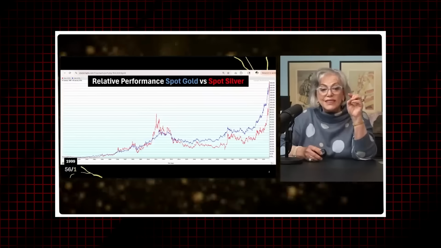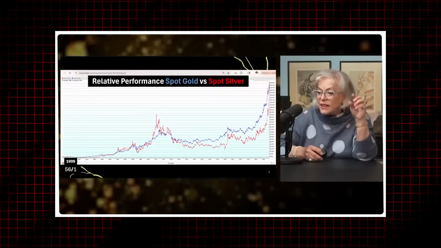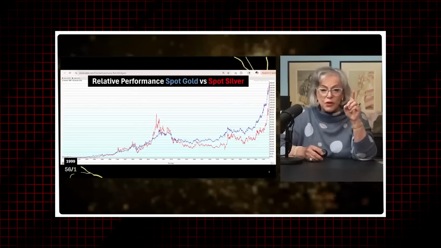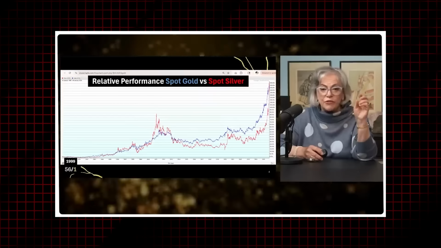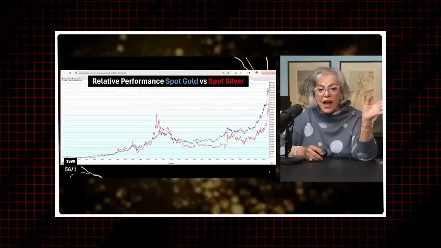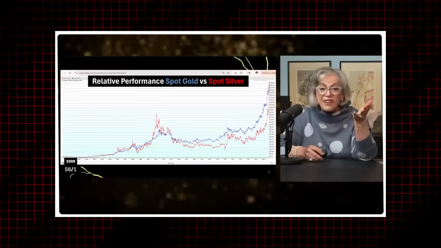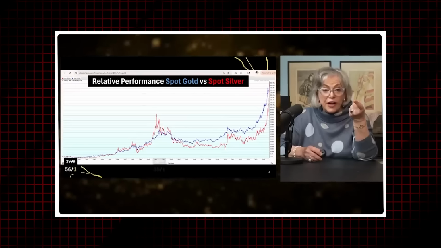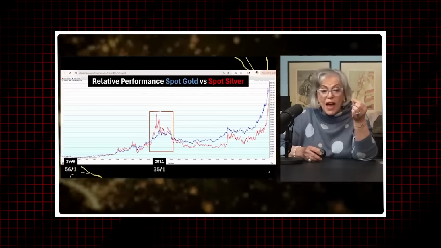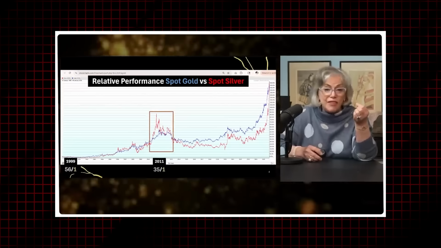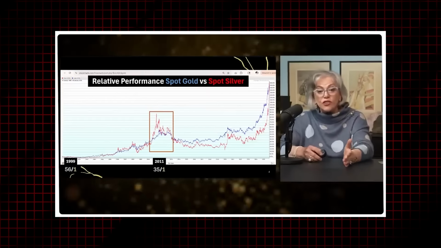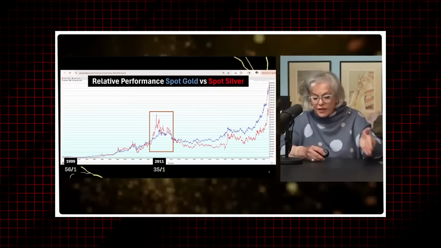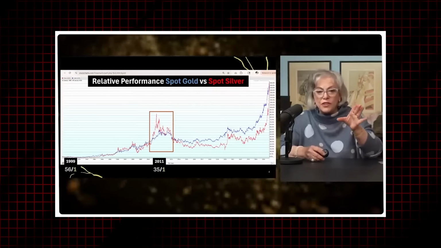And so you can see back in, what was that date, 99, when we had actually the first derivative explosion, but we'll just stay here for today. And you can see how both spot gold and silver kind of followed the same trajectory. And then we saw a greater move above it back in 2011, right? So the financial crisis became apparent to everybody in 2008. It was happening before that, but the public couldn't see it.